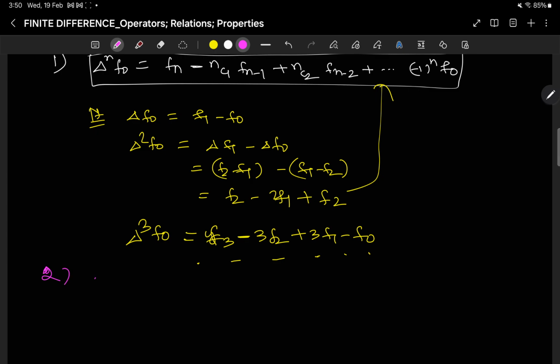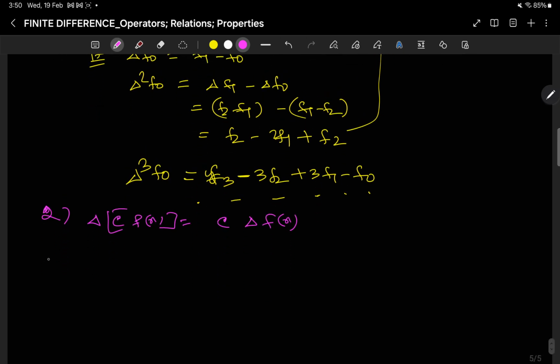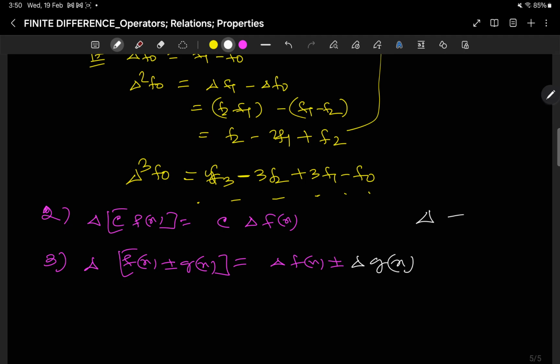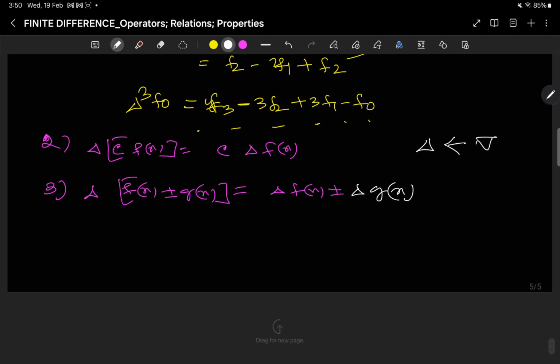Property number 2, del of constant into f x is the constant taken out, del of f x. Then coming to property number 3, del of f x plus or minus g x will be individually del of f x plus or minus del of g x, and similarly we can replace del by nabla, no issue.